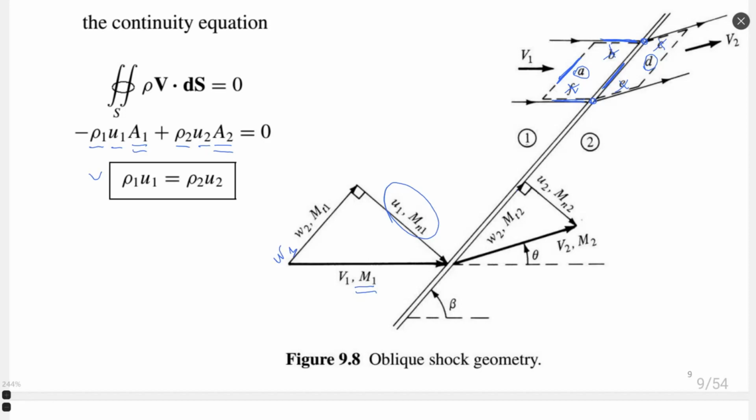So this is why W2 is present on the schematic, not W1. W is a second component of velocity, okay? So we have U and W components of the velocity, not U and V as usual, but it's just a question of name. And Mt1 is the Mach number tangential to the shock wave.